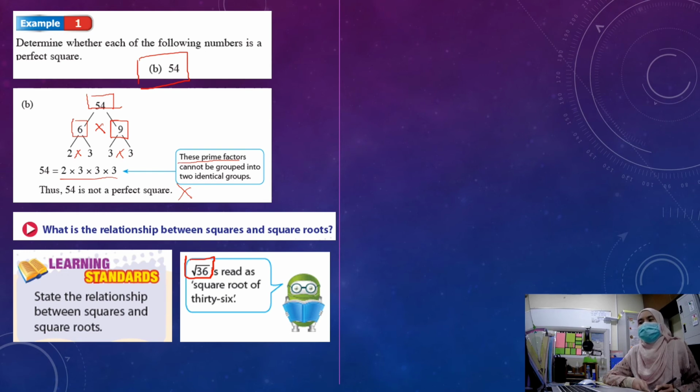This one is read as square root of 255. Very good.